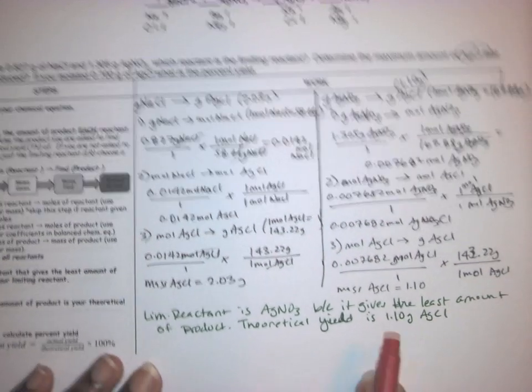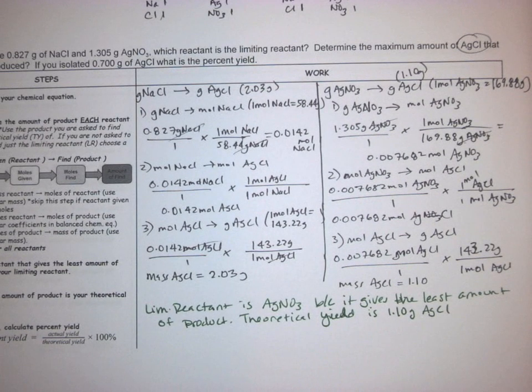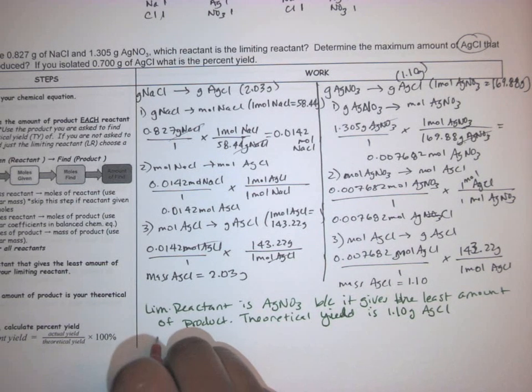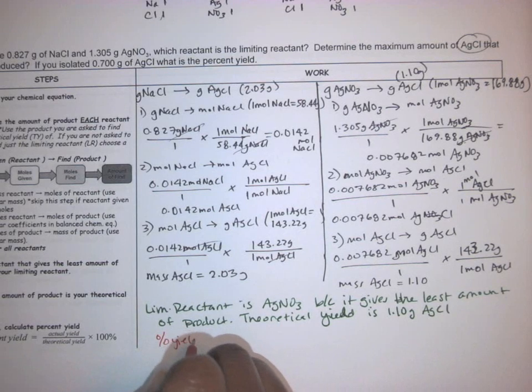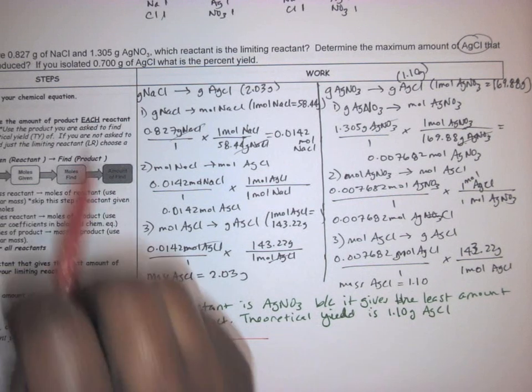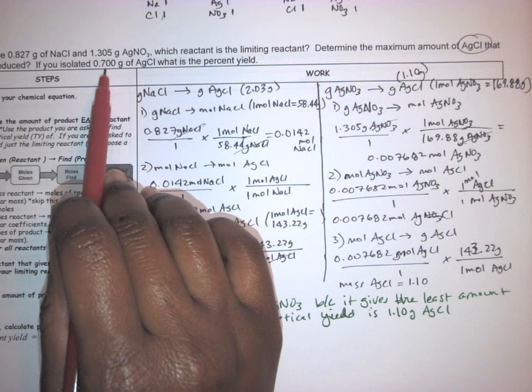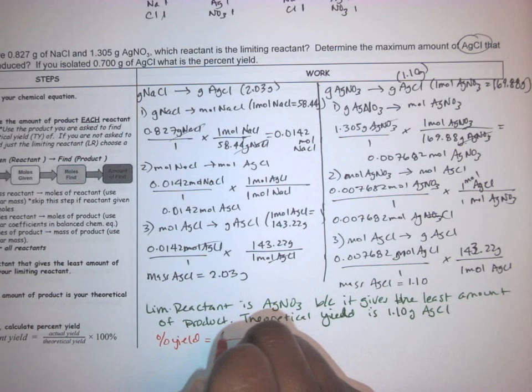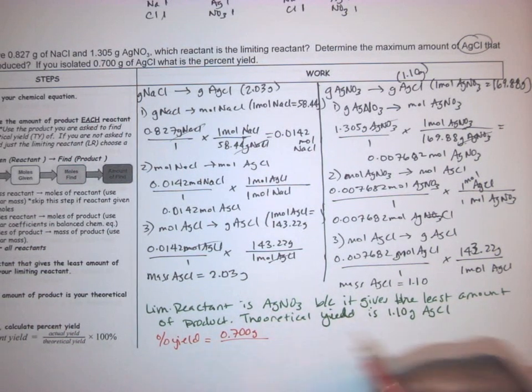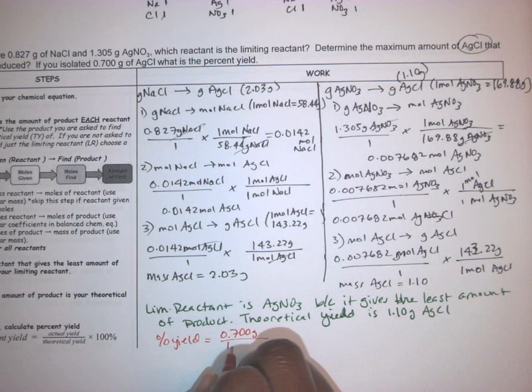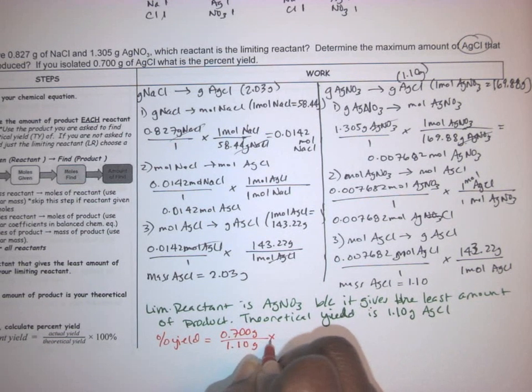Now, in terms of percent yield, it is whatever the actual yield is. They tell us that we isolated 0.700 grams, so that's what we actually got, divided by our theoretical yield, which is 1.10 grams, times 100.